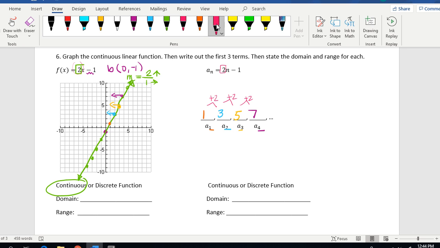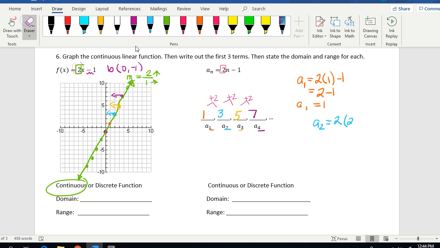Another way that I could have found these values is I literally could have taken this one and plugged it into my equation. So I'm going to show you that. I could have done a sub 1 equals 2 times 1 minus 1. And 2 times 1 is 2, 2 minus 1 is 1. So there's a sub 1. Then I could have done the same thing for 2. A sub 2 equals 2 times 2, and then subtract 1.